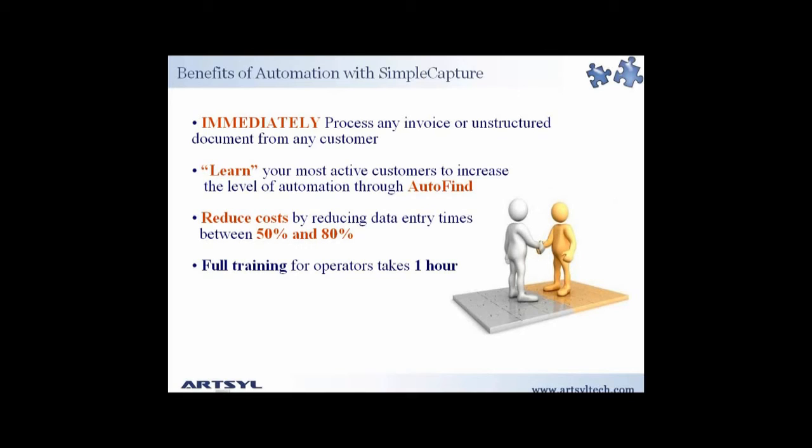In most cases it's probably about 30 minutes, and they're able to click on the data, capture the data, extract the data, and be off and running at full speed. We provide a full range of licensing options to fit your requirements and your budget. We have very low cost, low-end volume licensing all the way up to address the highest volume requirements.